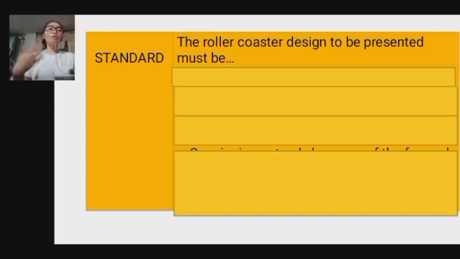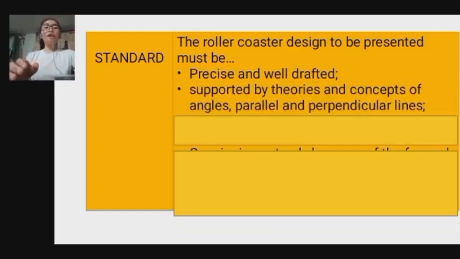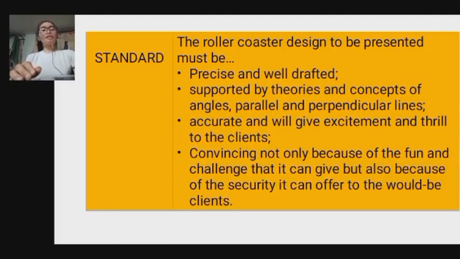So the roller coaster design to be presented must be precise and well drafted, supported by theories and concepts of angles, parallel and perpendicular lines, accurate and will give excitement and thrill to the clients, and convincing not only because of the fun and challenge that it can give, but also because of the security it can offer to the would-be clients.